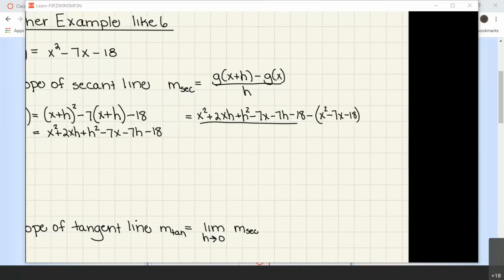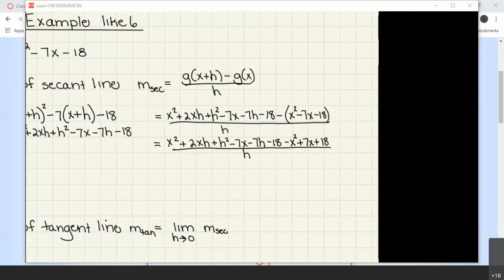And the whole thing's over h. Everybody good with the g of x plus h and the g of x? I'm writing it out just for clarity. You don't have to do all the copying if you don't want to, but I'm doing it to show distributing the negative sign. That flips the signs on everything inside.